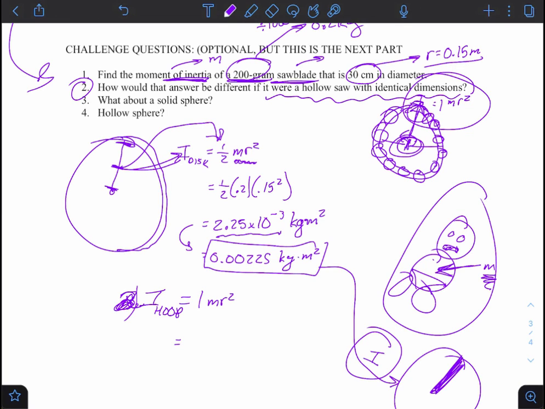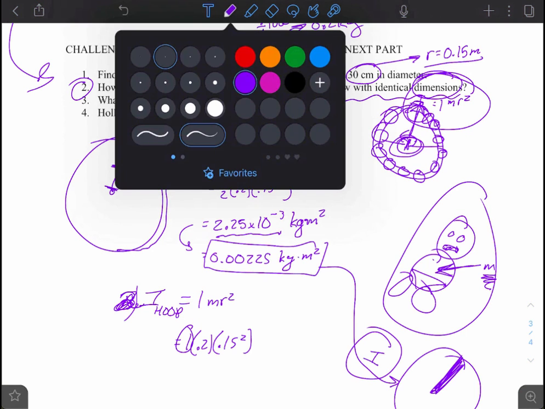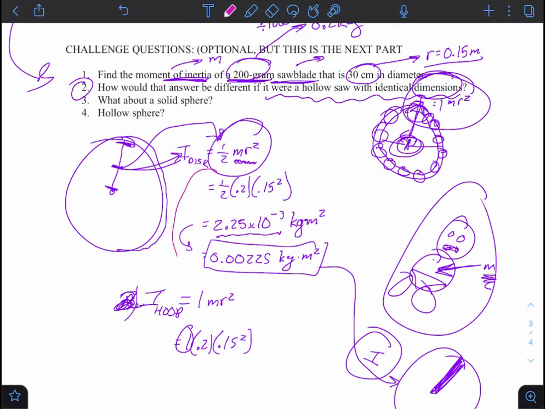Well, a hollow disk with identical dimensions means the mass is the same. So 1 times the mass, which is 0.2, times the radius, which is 0.15 squared. So it would just be that answer, but times 2, which we should have seen from this equation going to this equation. All we're doing is doubling it.